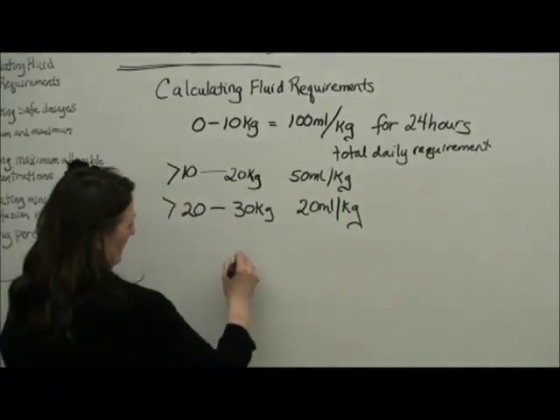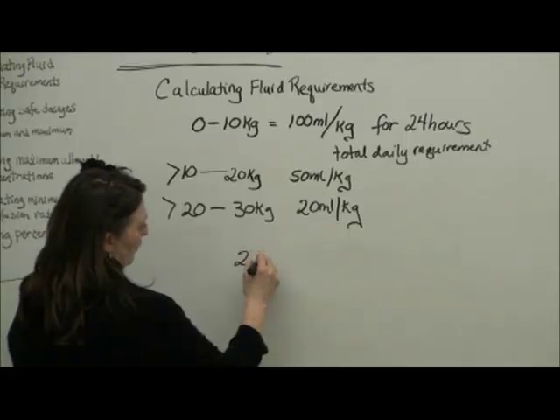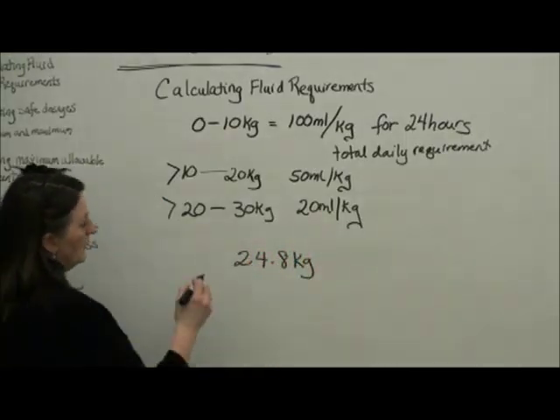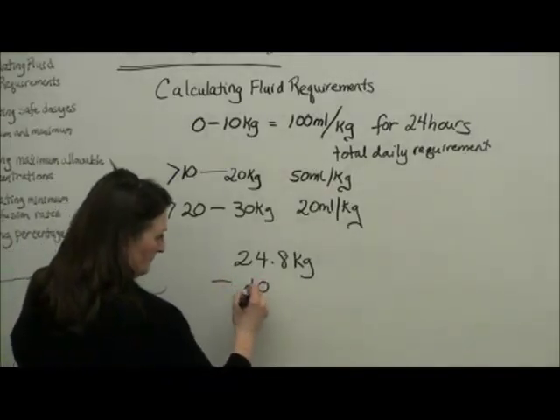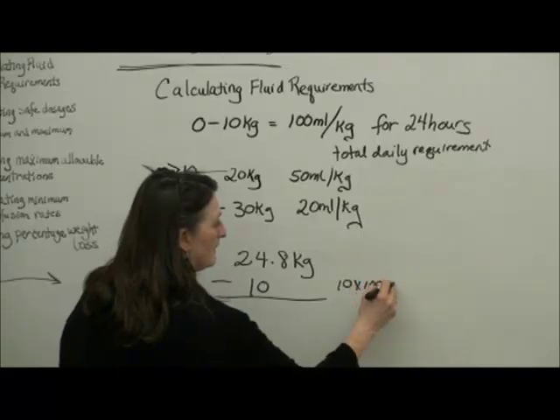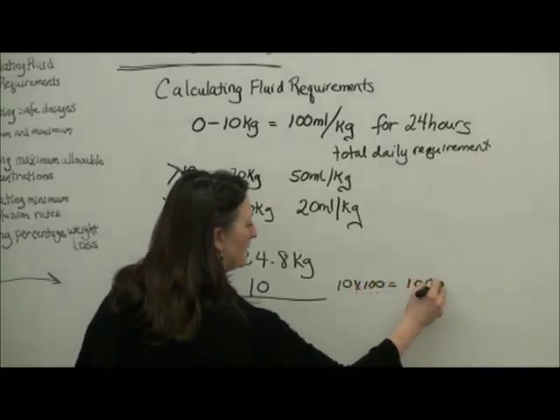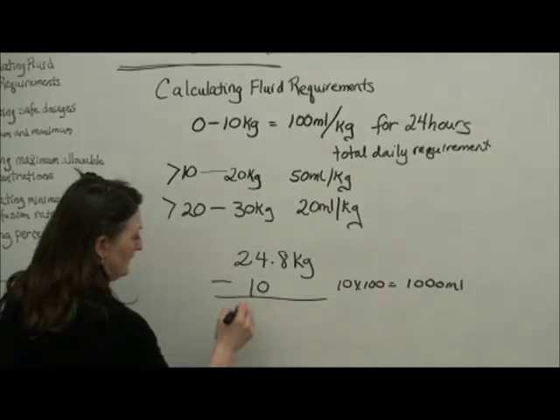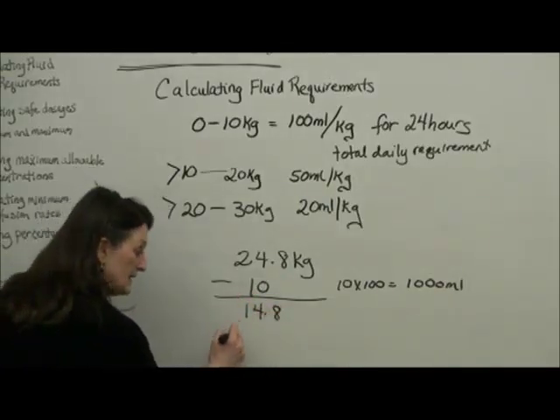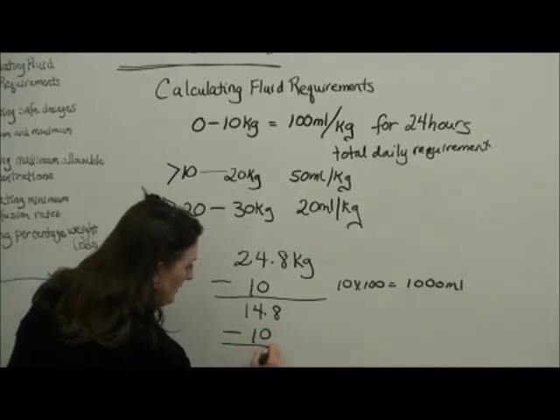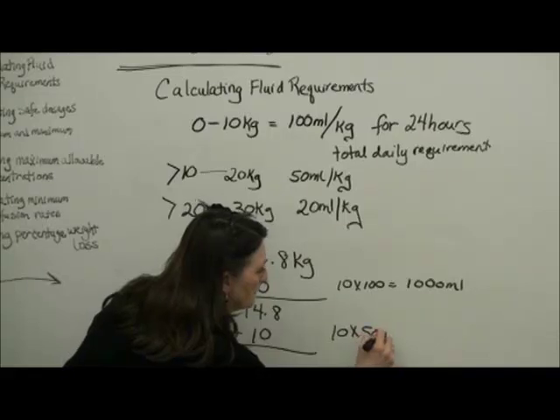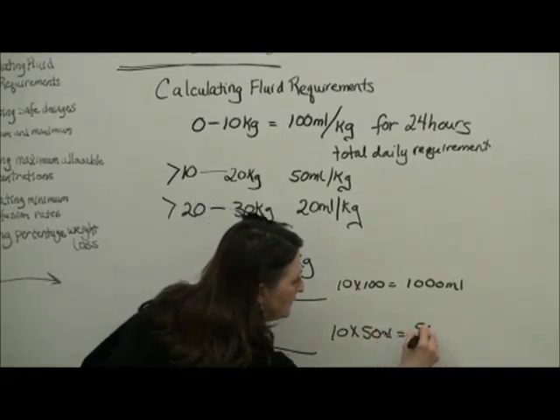So let's have a 24.8 kilo child. We know we take away 10. 10 times 100 equals 1,000. And that leaves us with 14.8. The next 10 kilos, each of those are worth 50, is 500.